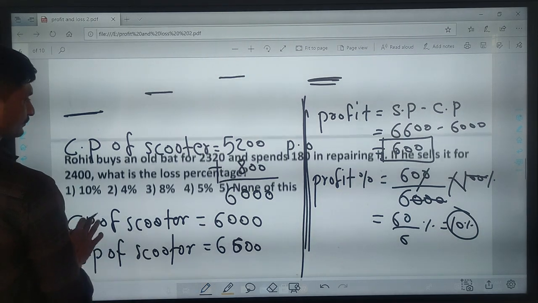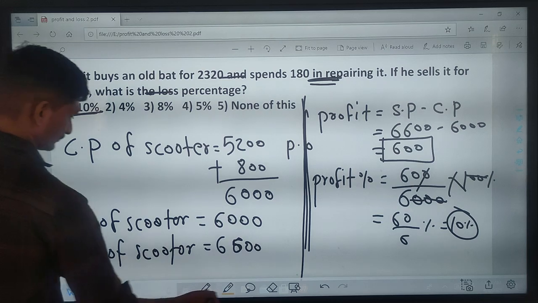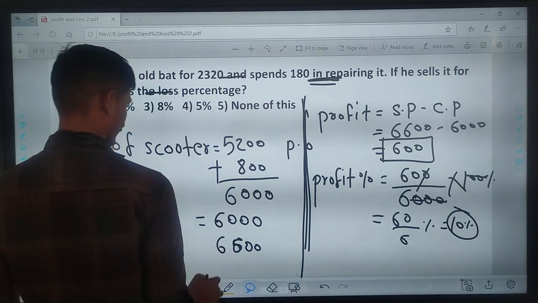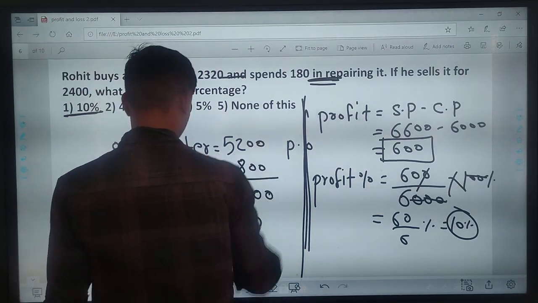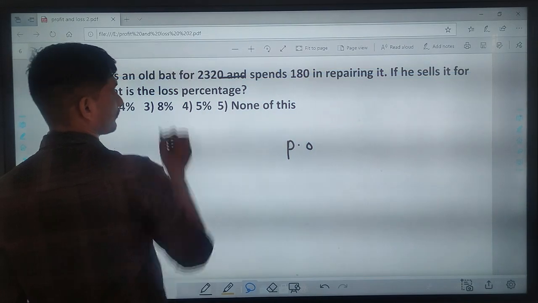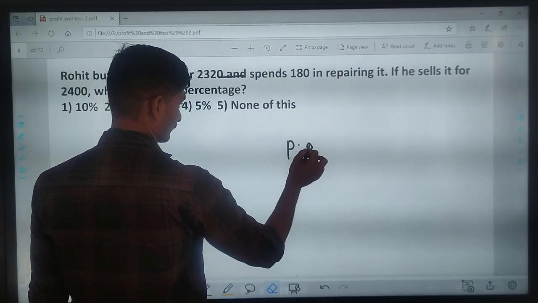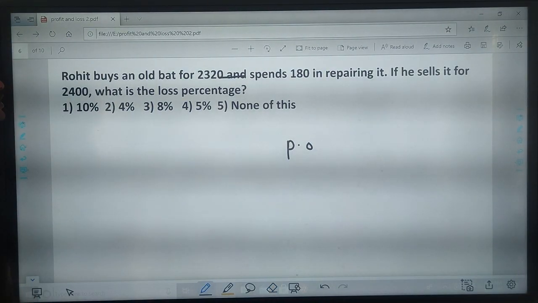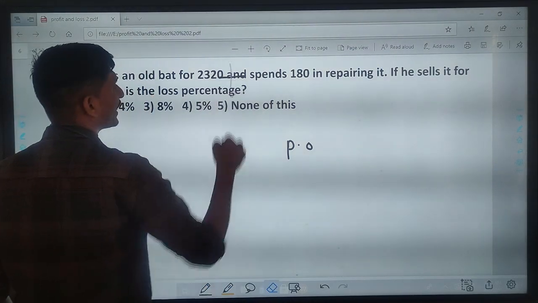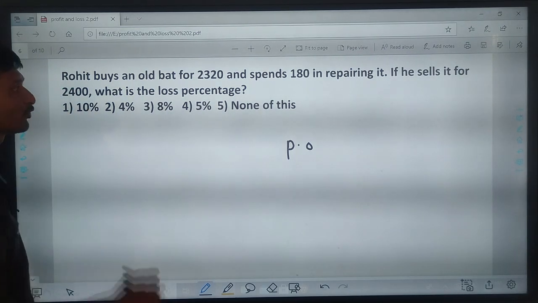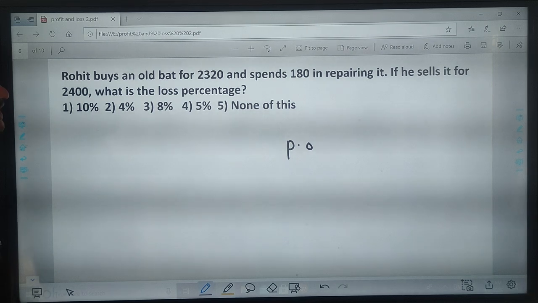Next, Rohit buys an old bat for 2,320 rupees and spends 180 in repairing it.